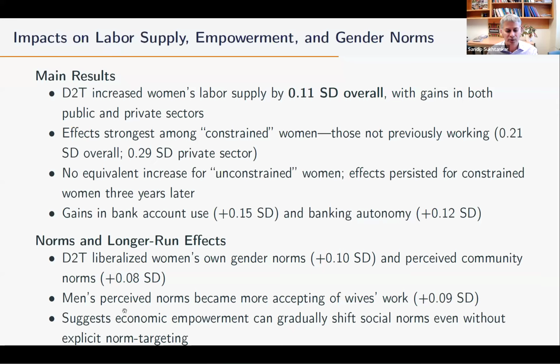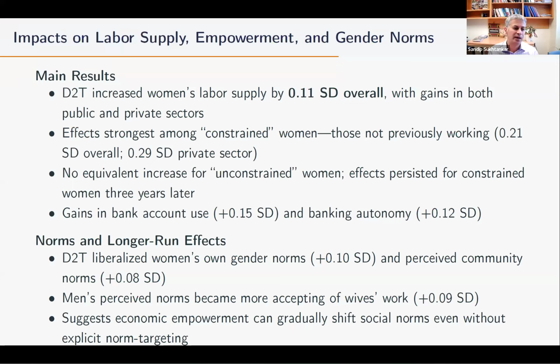Okay. There are other impacts on norms. The men became a little bit more accepting of their wives' work once they actually started, and perceived community norms also changed. Okay, so that's really interesting, because here you're not doing some training program and telling men, oh, your wives should work, or you should allow your wives to work.